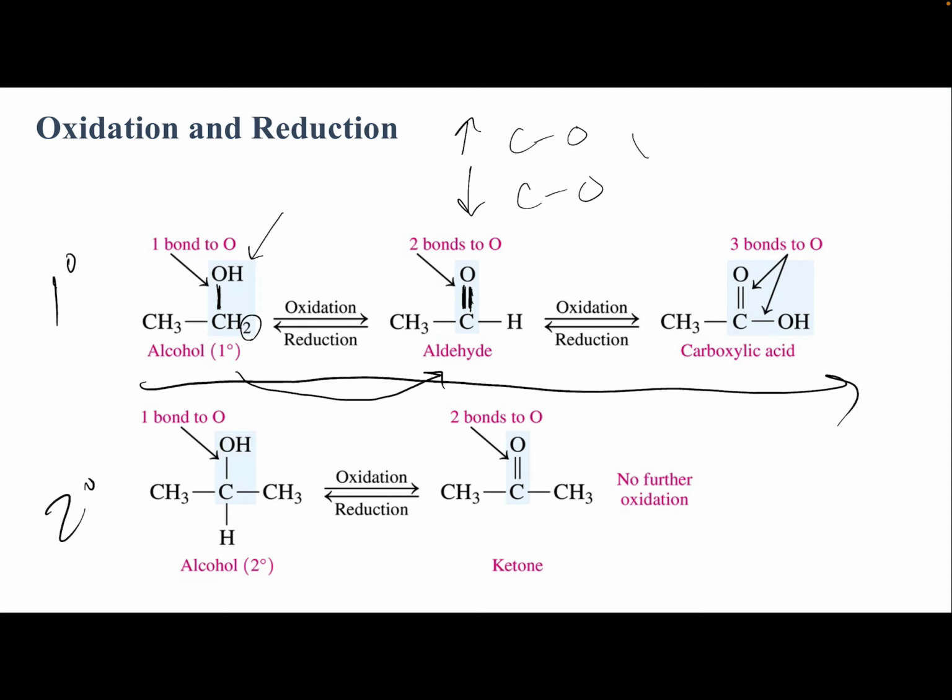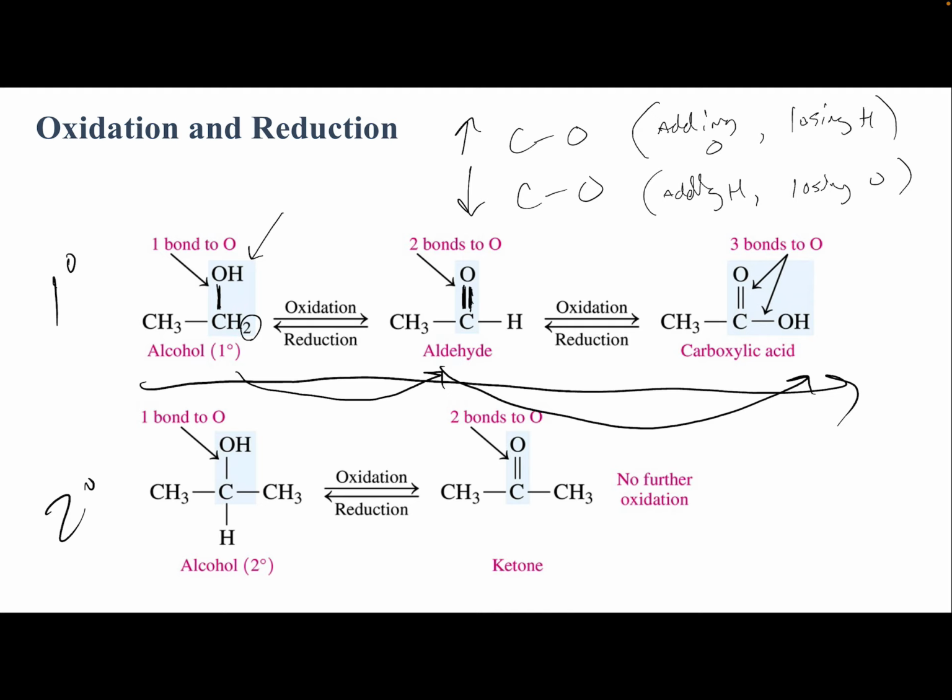It can increase its bonding to O by literally adding O's, or by losing H's. And reduction's opposite. Adding H's, losing O's. So we get an aldehyde when our primary alcohol reacts. And we can do that one more time. We can oxidize it again.